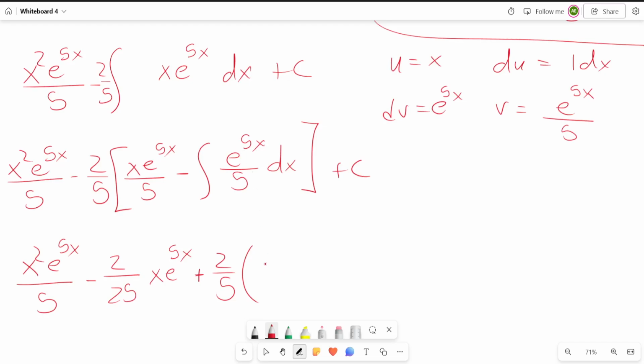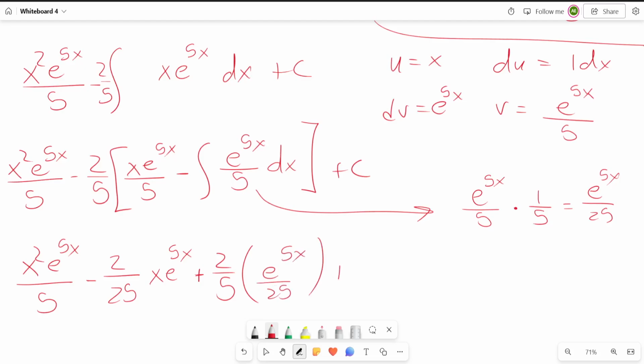So this part over here I can integrate as e to the power of 5x over 5 dividing the differentiation of what's inside, so dividing 5. Okay, so it's equal to e to the power of 5x over 25. So e to the power of 5x over 25 plus c.